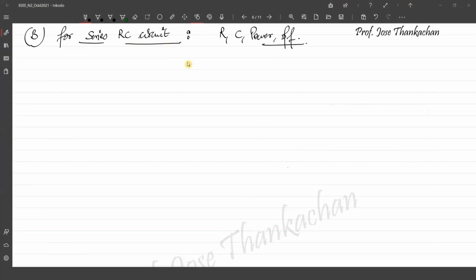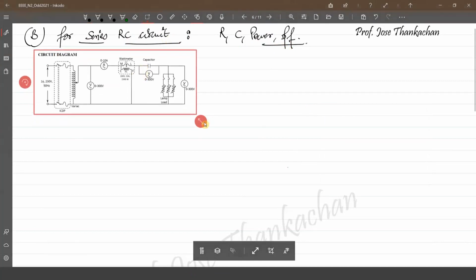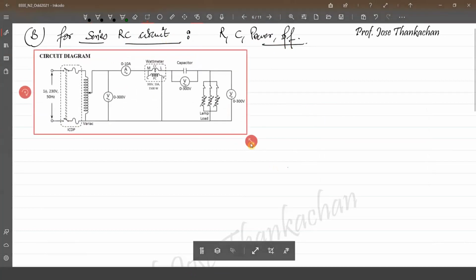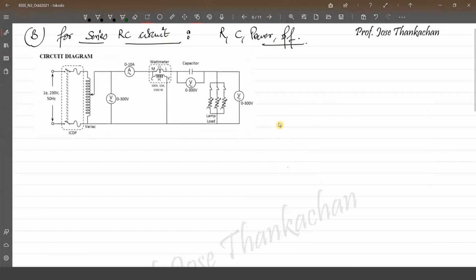Now let me just draw the circuit diagram here. I'll directly use the one which is done in the lab. So this is the circuit diagram which we are having in the lab. So this is similar to the earlier case. Only difference is that instead of a choke coil, we are having a capacitor. So let's say this is your capital R, the load.